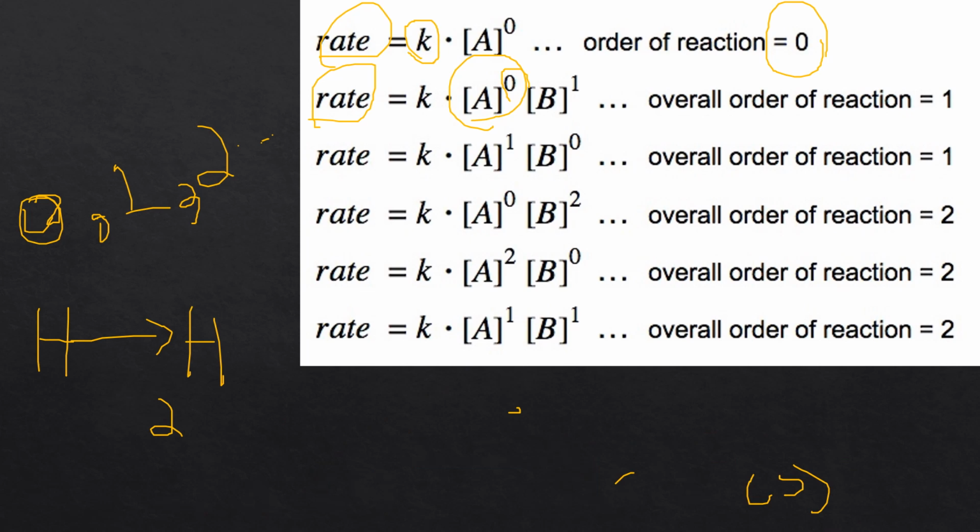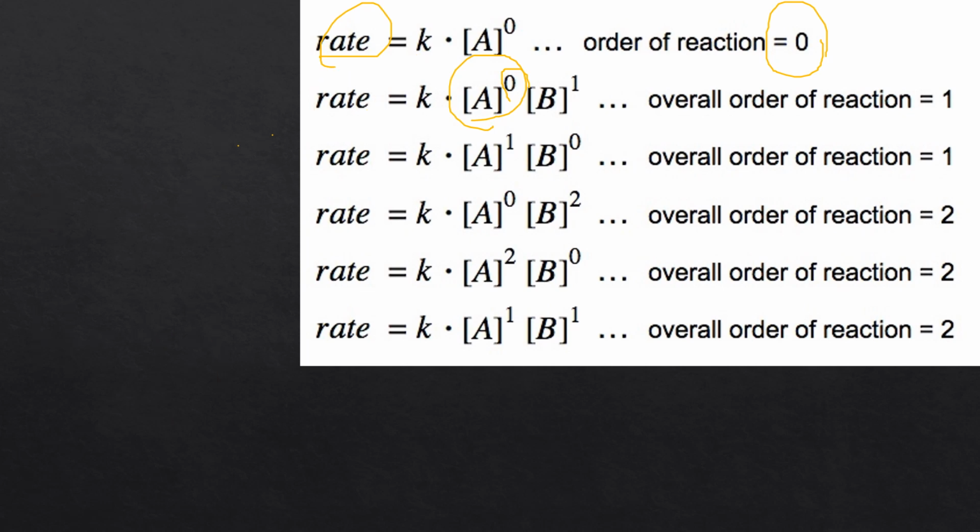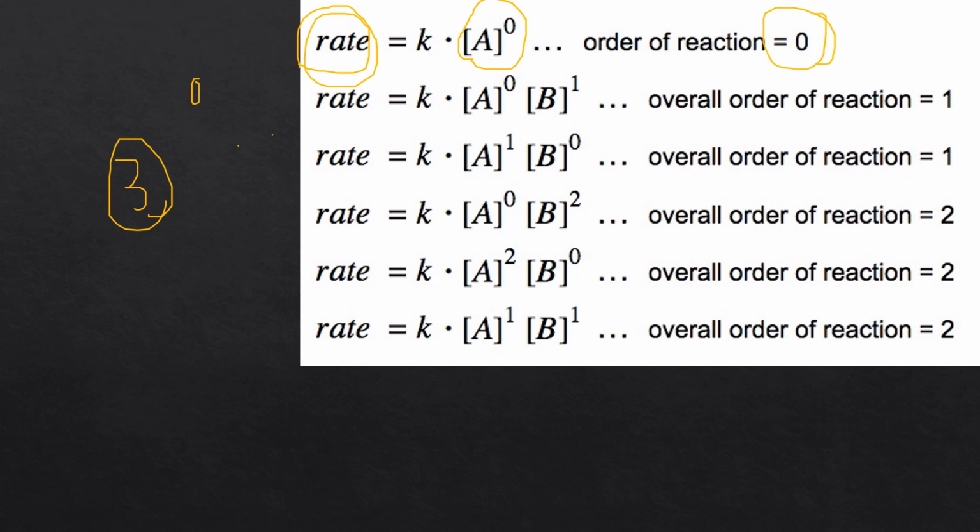Now as I told you, there are specific types of the order. If the concentration's power is 0, and we increase the concentration, it does not affect the rate of the reaction, that basically means it has zero order.